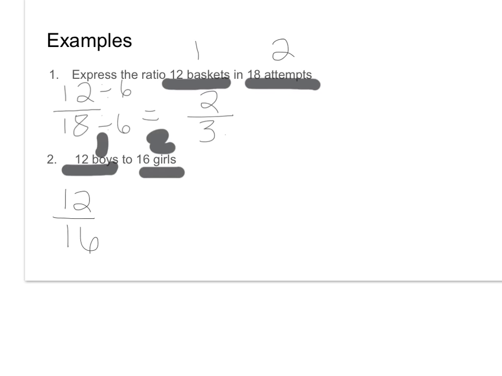Again, we cannot leave our fraction like that because they are both even, so they can be simplified. I'm going to divide them by 4. So 12 divided by 4 is 3, and 16 divided by 4 is 4. So for every 4 girls, there are 3 boys. That is what that is telling us.